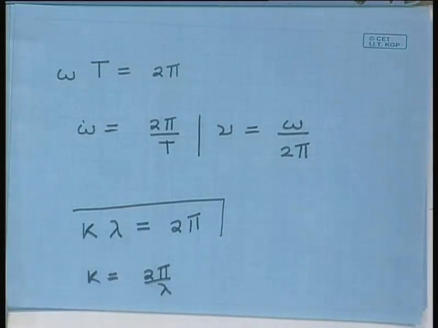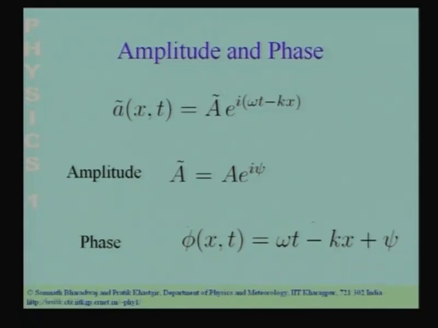So, let me now summarize what we have just learned. If A as a function of x and t in the complex notation can be written as some complex constant into e to the power i omega t minus kx, this is a sinusoidal plane wave.